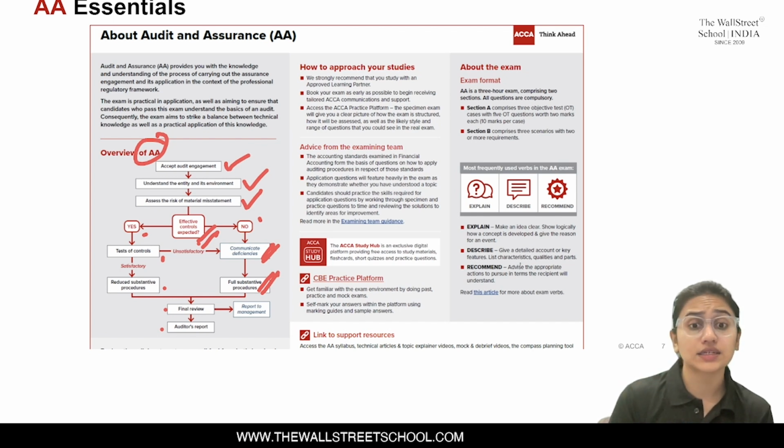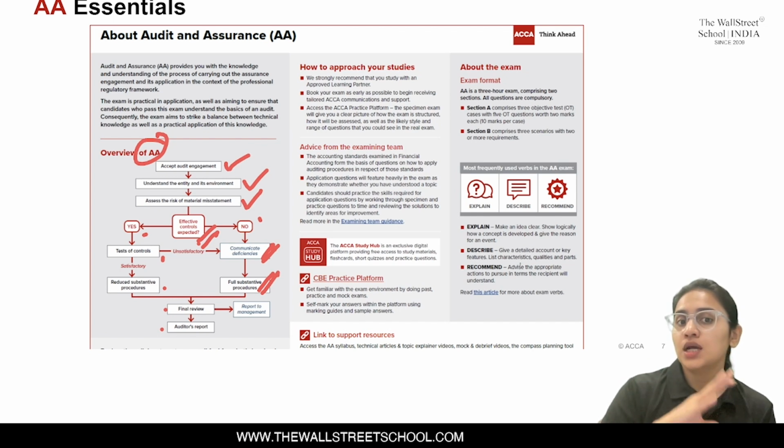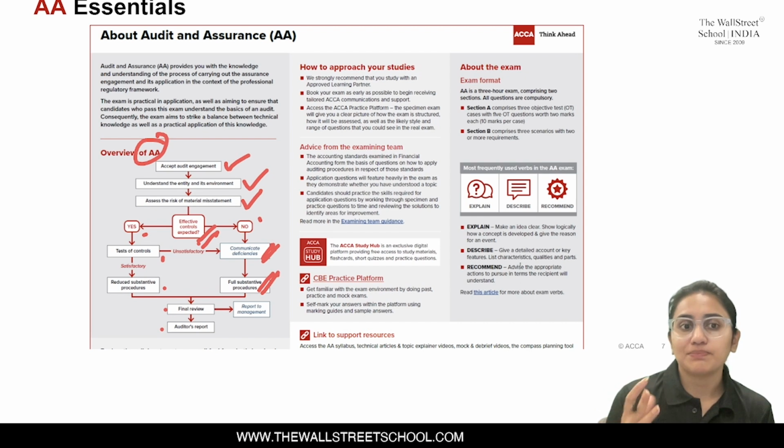And the ACCA study hub is the best place to go through the past exam questions, the mocks. Then you can even self check your mock, right? So this is all done on the ACCA study hub. Now, about the exam, we've already studied. It has two sections. Section A is 30 marks, section B is 70 marks.